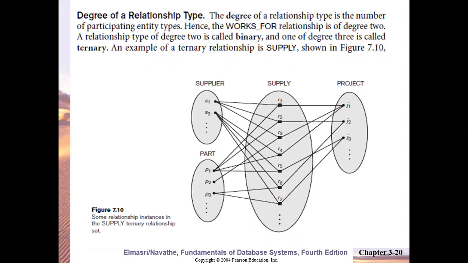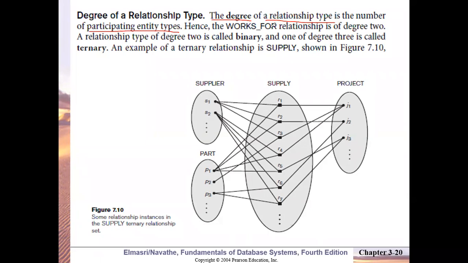Now, let us define the next term. What is the degree of a relationship type? The degree of a relationship type is the number of participating entity types. Participating entity types means the relationship is between how many entities.